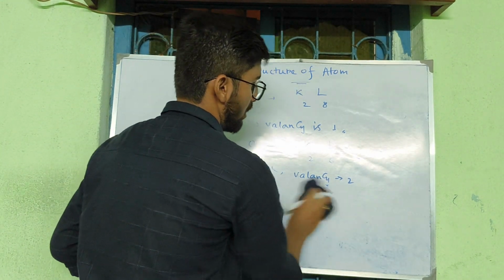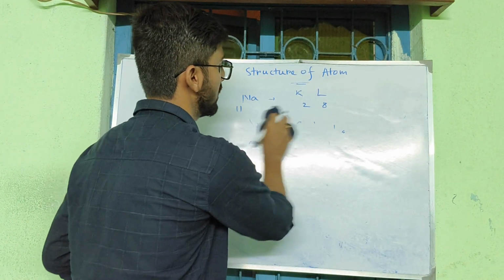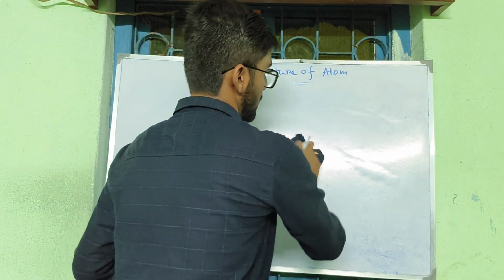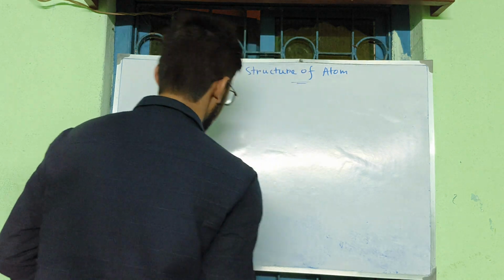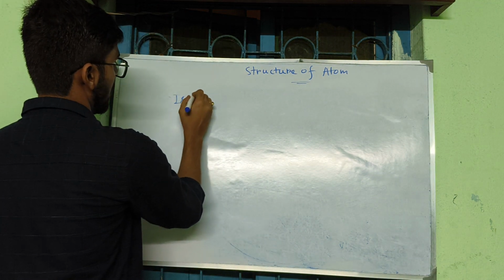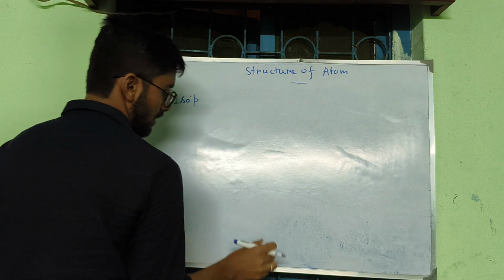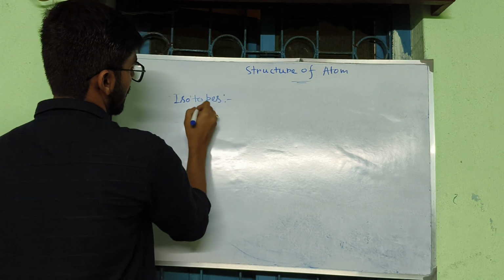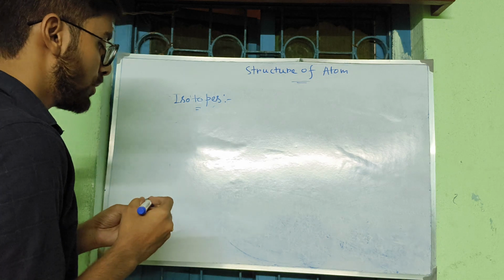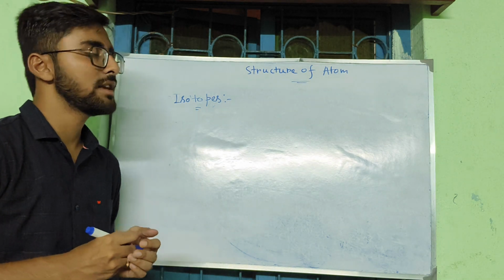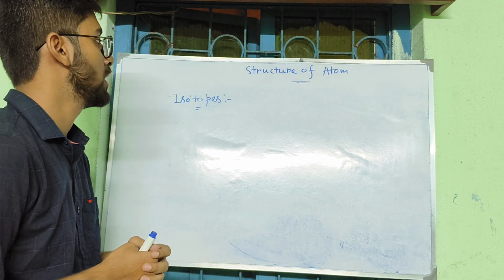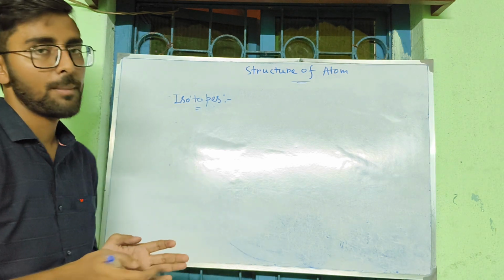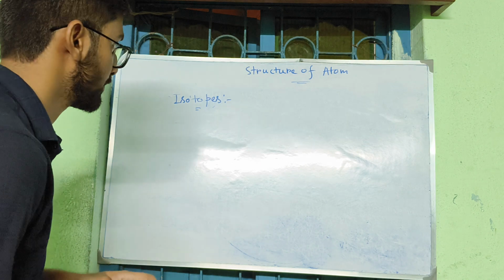Now I can explain isotopes and isobars. What are isotopes? Isotopes are the atoms of the same element that have the same atomic number but different mass number.